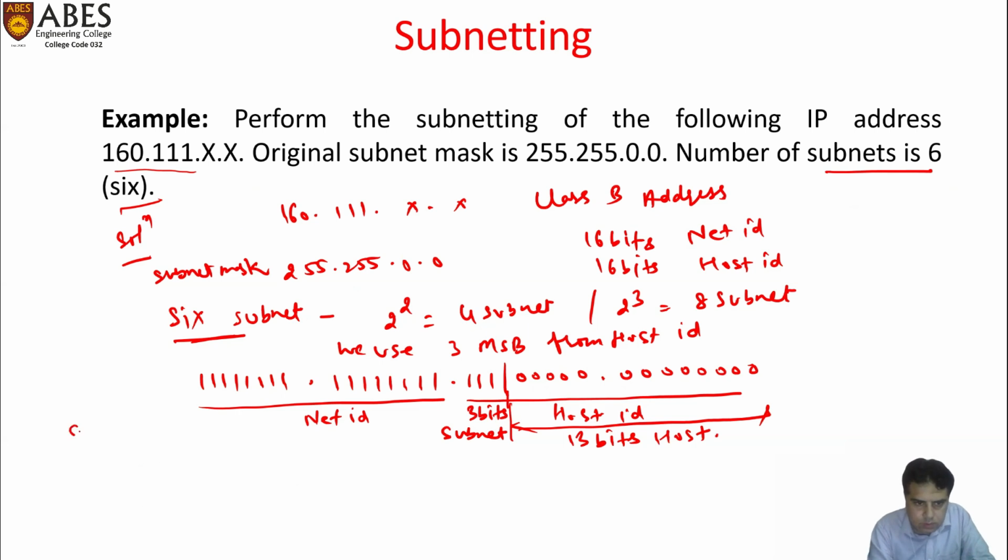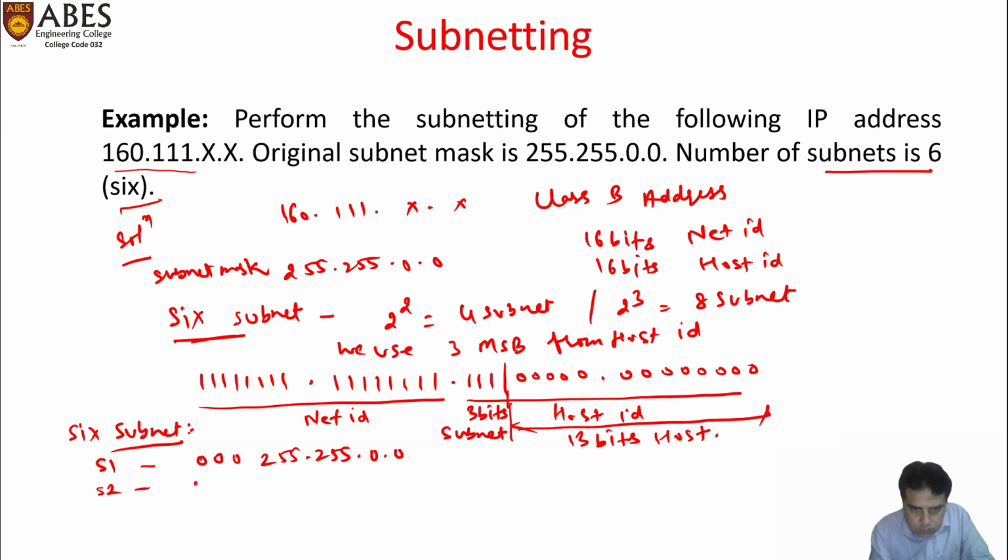Now, the 6 subnets. For S1 we use 0, 0, 0. That is 255.255.0.0.